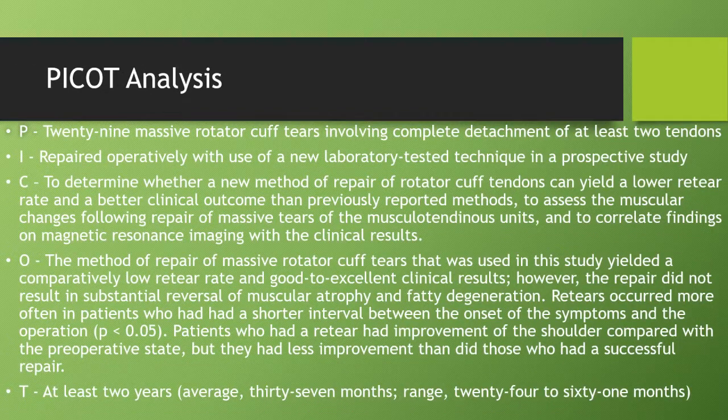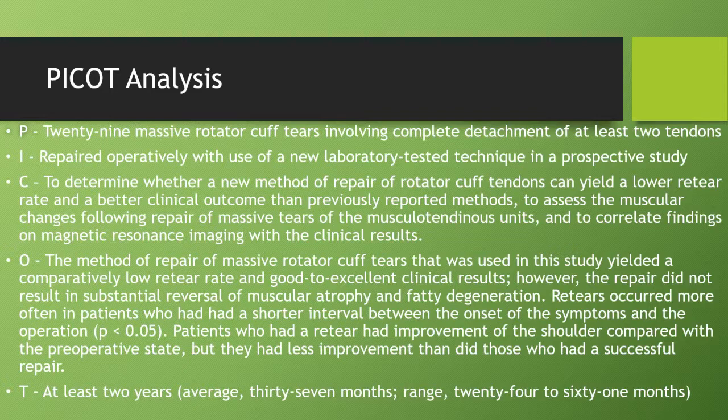Okay, so my population was 29 massive rotator cuff tears involving complete detachment of at least 2 tendons. The intervention was repaired operatively with use of new laboratory tested techniques in a prospective study.